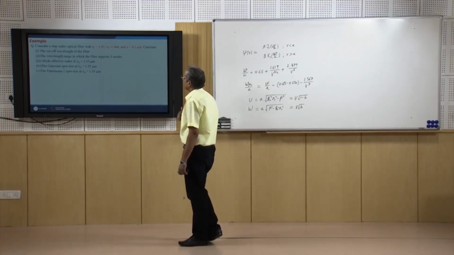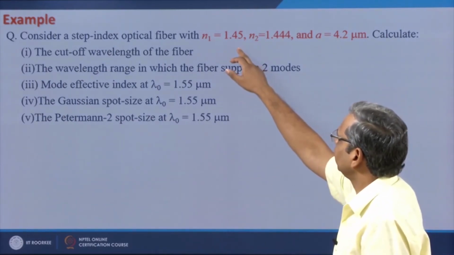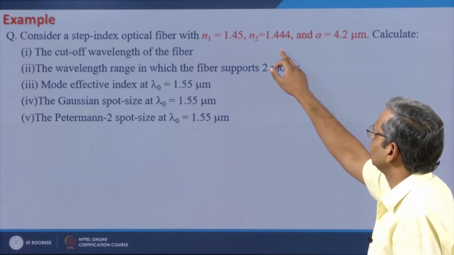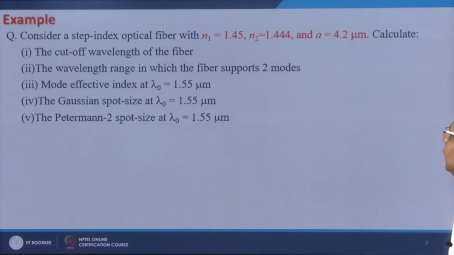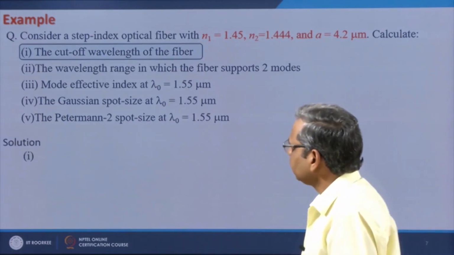Let us consider a step index optical fiber with core refractive index n1 is equal to 1.45, cladding refractive index n2 is equal to 1.444 and the core radius a is equal to 4.2 micrometer. Let us calculate the cutoff wavelength of the fiber.